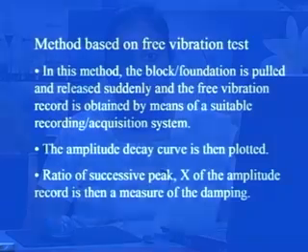See, as the name suggests, in the forced vibration system, the oscillator was mounted to give excitement to the system. However, in this case the block or foundation, whatever it is, is simply pulled and then allowed to settle or deform, and that condition we know is the free vibration condition.